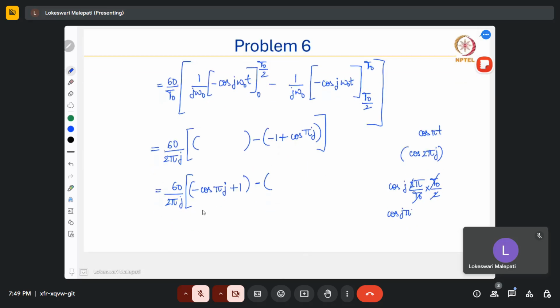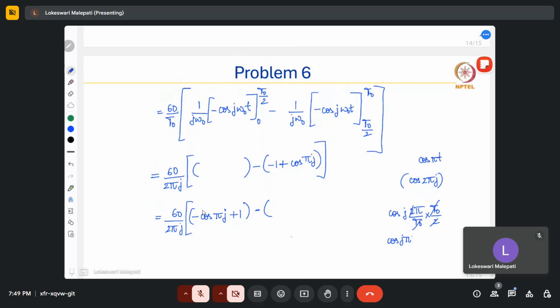So here we'll get minus 1 because there is one minus here, and cos j 2 pi by t naught multiplied by t naught would be cos 2 pi j. So that would be 1, but there is minus, so we'll get minus 1.